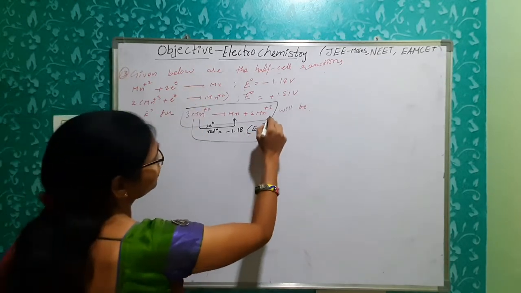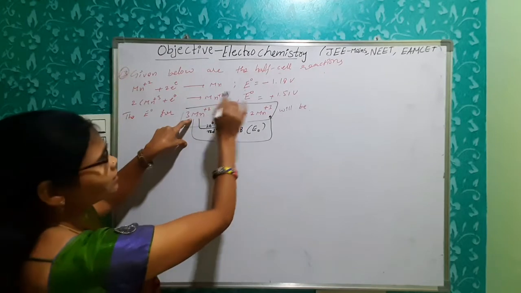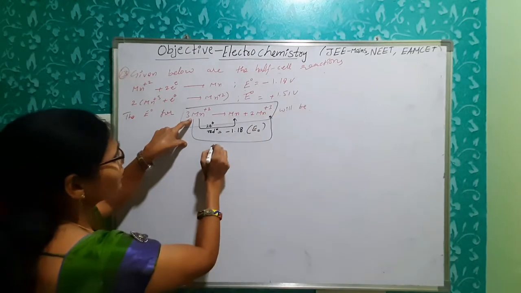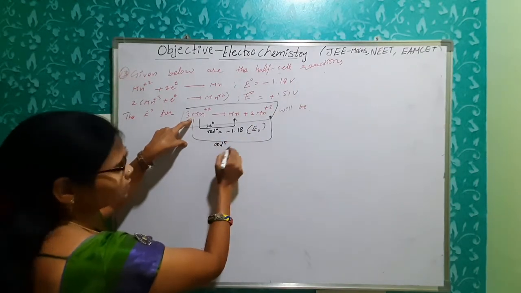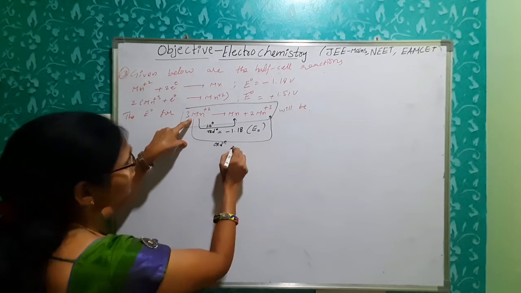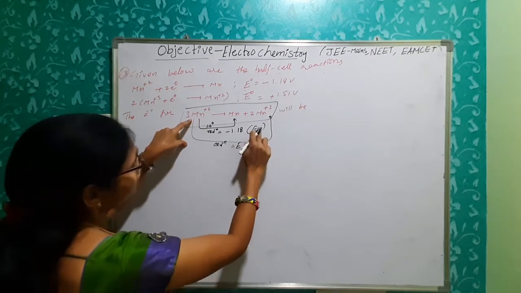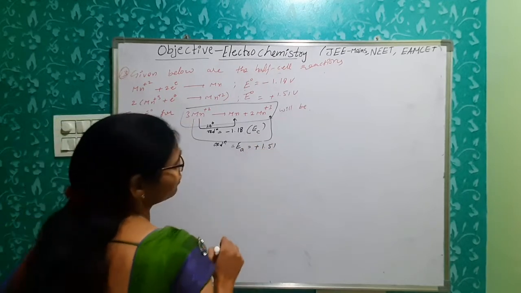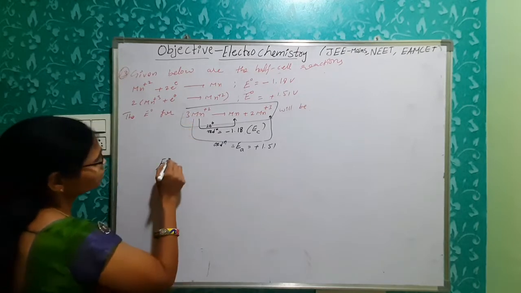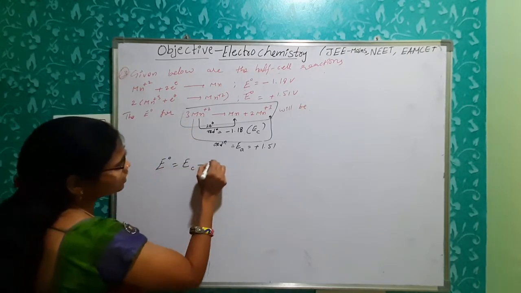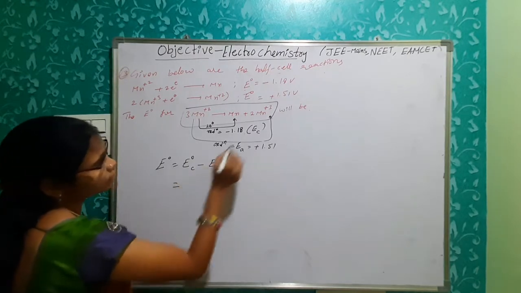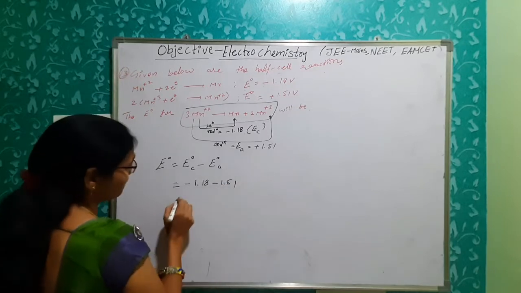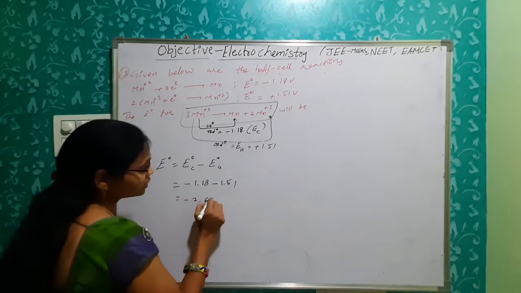Next, Mn²⁺ to Mn³⁺. What happened? It lost one more electron, plus 2 to plus 3, an increase in oxidation number. Loss of electron means oxidation, so that is taken as E anode, plus 1.51. So E naught is equal to E cathode minus E anode, which is minus 1.18 minus 1.51, that is minus 2.69.